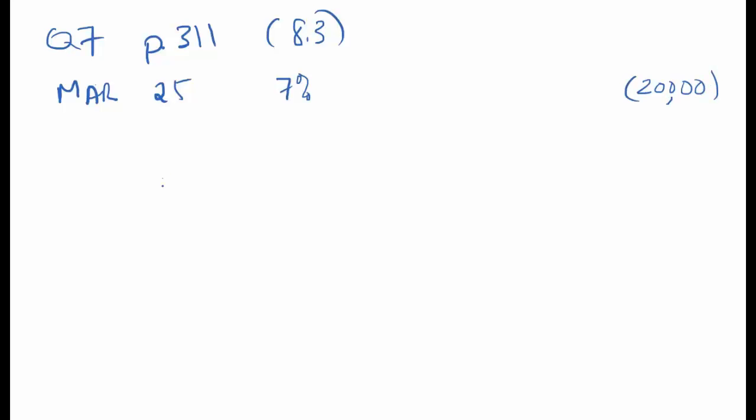The next thing that happens is on May 15th, $600 is repaid. So if $600 is repaid, then we must calculate this section first. We need to find the days between these dates.